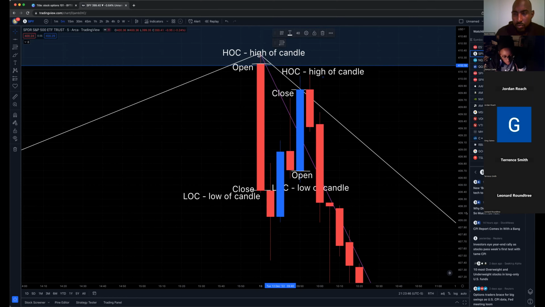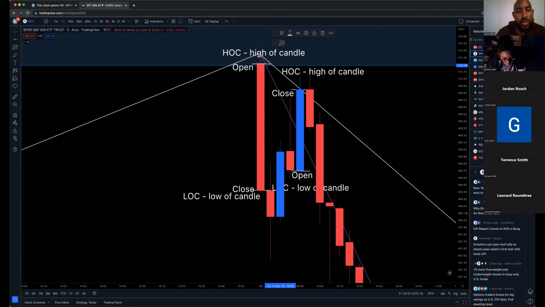You know how the open and close for the bearish and the bullish candles are opposite, right? The high of candle for each isn't the opposite, it stays the same, because the candle can wick in either direction. So you have a high wick. Whether it's a red candle or a blue candle, the high of the wick is still going to be the same because it's at the top. The low of the wick is going to be at the bottom of each candle.